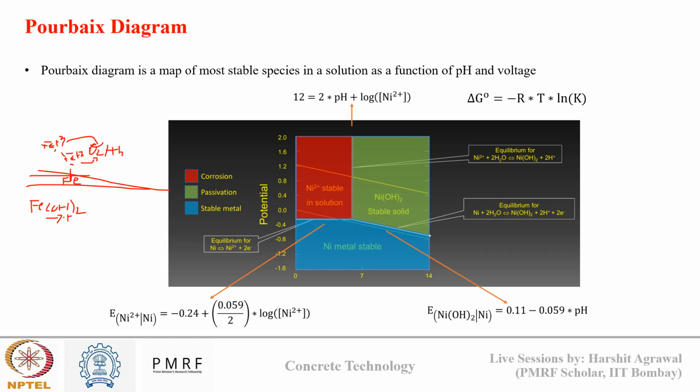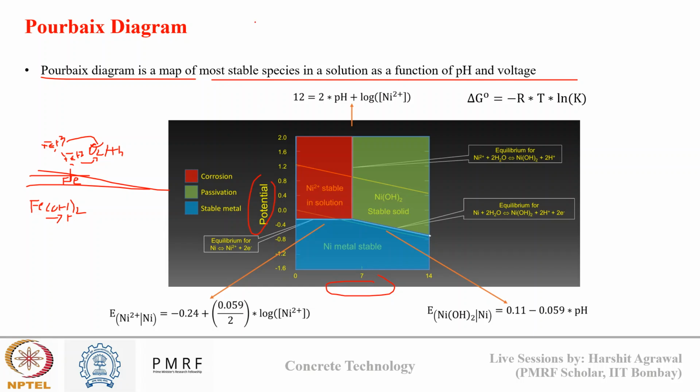Now what reaction will happen depends upon the potential and the pH of the system, and this is represented by the Pourbaix diagram. A Pourbaix diagram is a map which shows the most stable species in the solution as a function of pH and voltage.